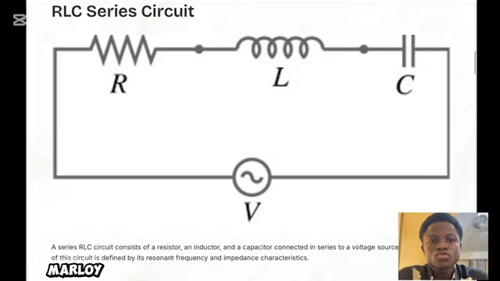To determine the behavior of the circuit, we have to consider two properties: the resonant frequency and the impedance characteristics of the circuit. Understanding these properties helps us engineers predict how the circuit is going to respond to different signals. I'll hand over to my colleague Walter to take over from here.